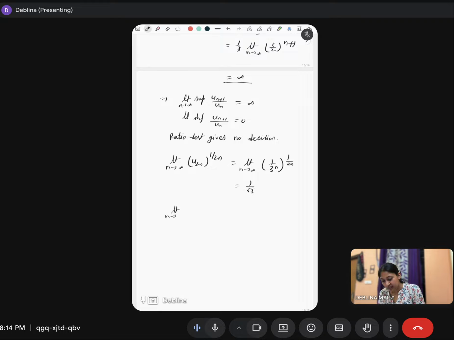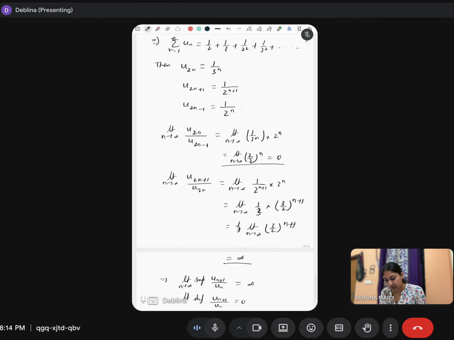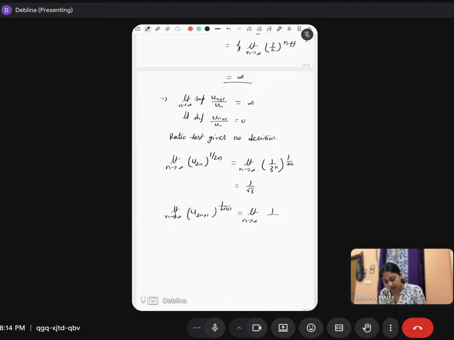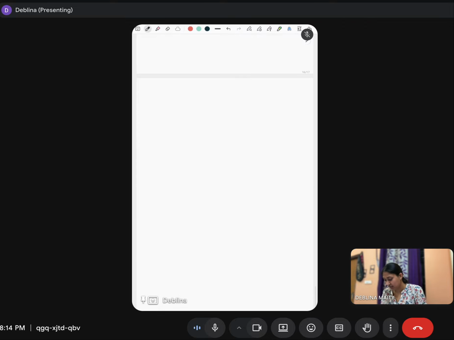And the limit of u_{2n+1} to the power 1 by (2n+1), where u_{2n+1} is 1 by 2 to the power n+1, to the power 1 by (2n+1). So it will be 1 by root 2, right?